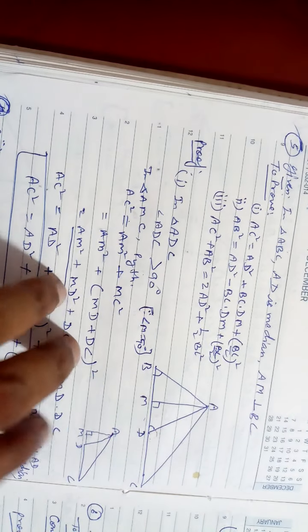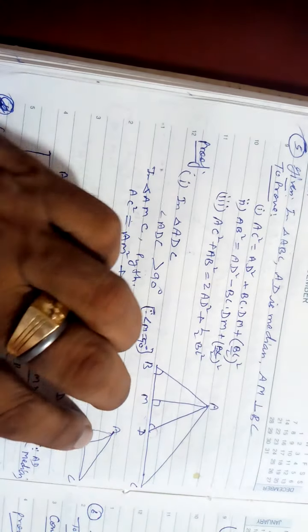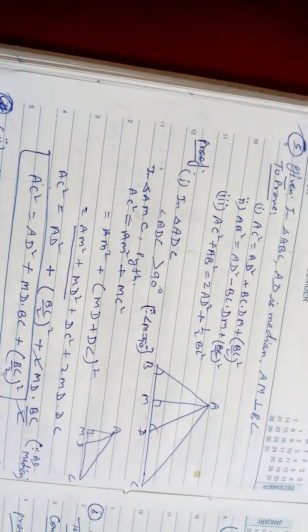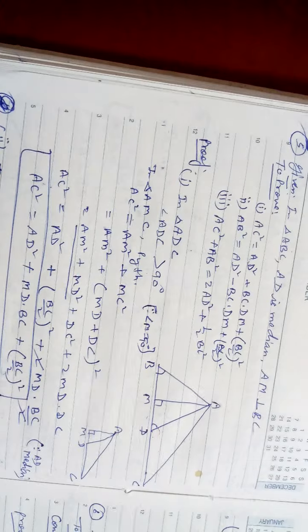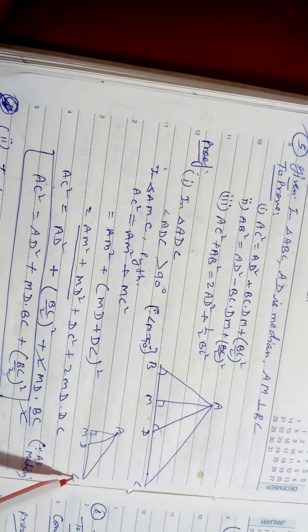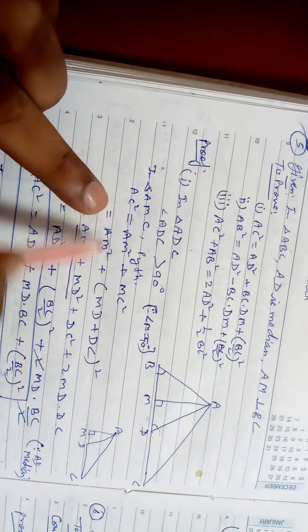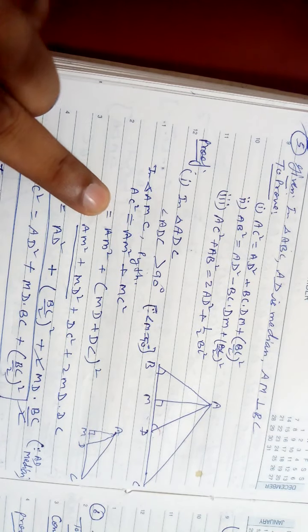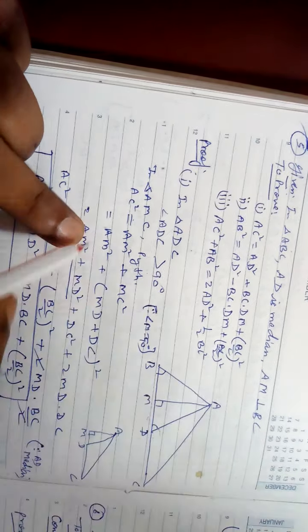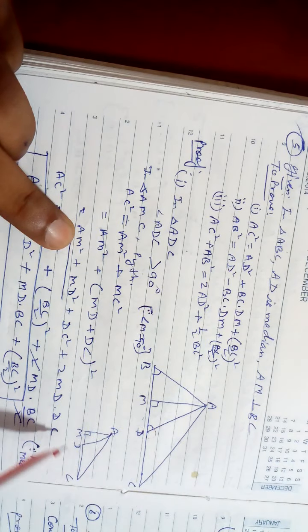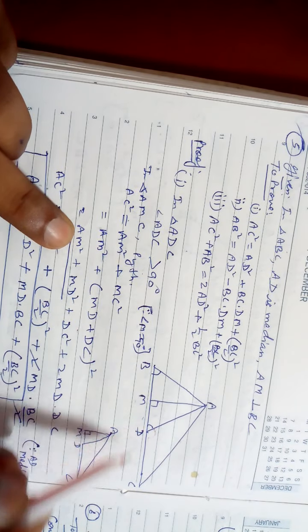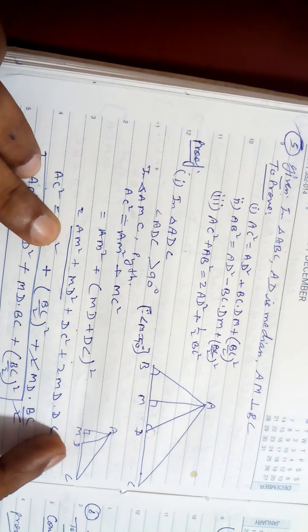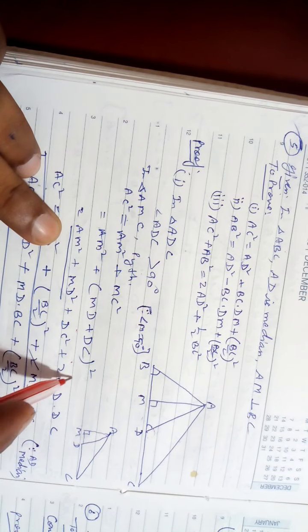In triangle AMC, AC square is equal to AM square plus CM square. CM will be written as (MD plus DC) whole square.